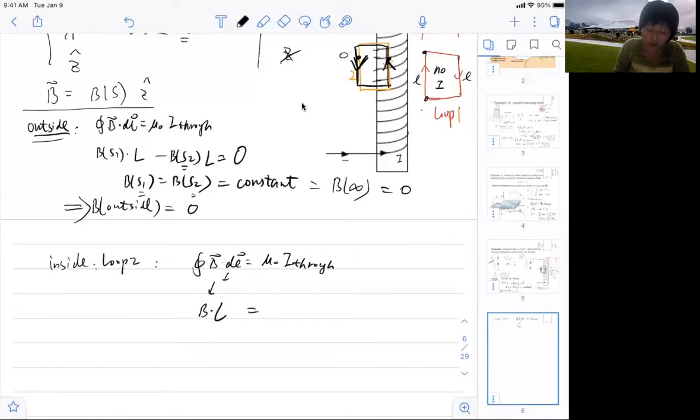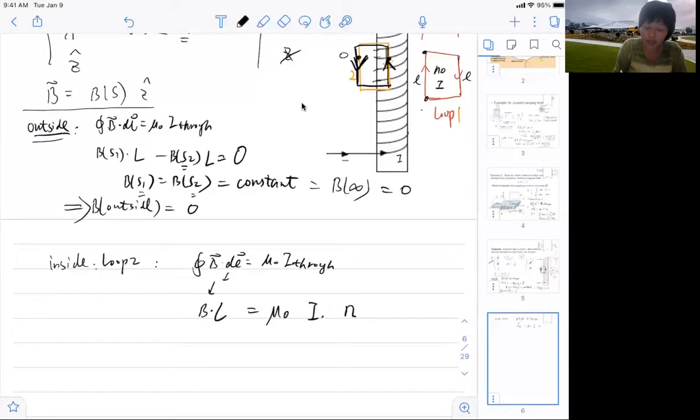So it's just one BL, based upon B outside being 0 from the previous step. How much current is running through? Each wire carries I, and you have to think about how many turns. I have n turns per unit length.